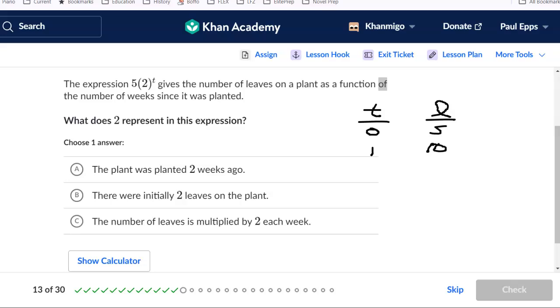If t is 2, 2 to the t is 4 times 5 is 20. Let's do one more. If t is 3, 2 to the t is 8 times 5 is 40. So what is happening here? The number of leaves is doubling every week. And that is answer C.